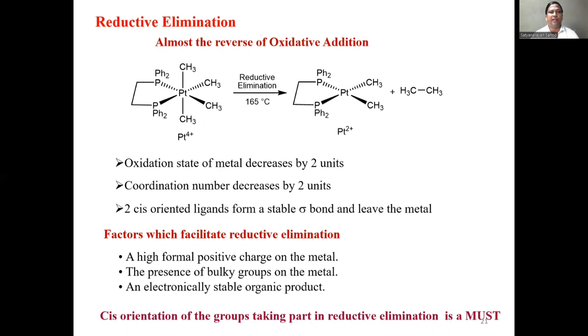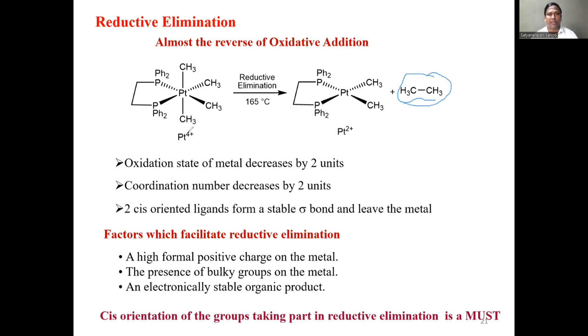And in reductive elimination, we can see the two ligands are eliminated. Now you can see, from this octahedral complex, the two methyl groups are eliminated, and we get ethane.